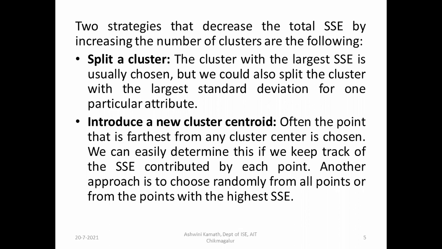Another approach is to choose randomly from all points or from the points with the highest SSE. We can choose the new cluster centroid randomly, or you can choose the point with the highest sum of squared error. That's why you need to keep track of SSE.